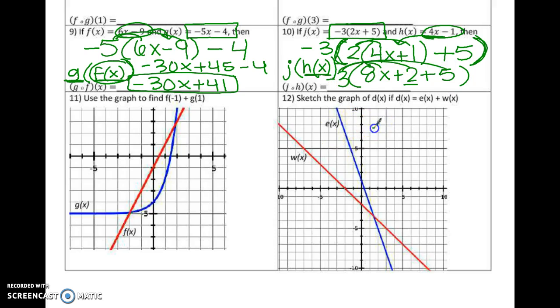So negative 24x, negative 3 times 2 is negative 6, and negative 3 times 5 is negative 15. And now if I combine these two, I'd have negative 24x minus negative 6. Take away 15 is negative 21.